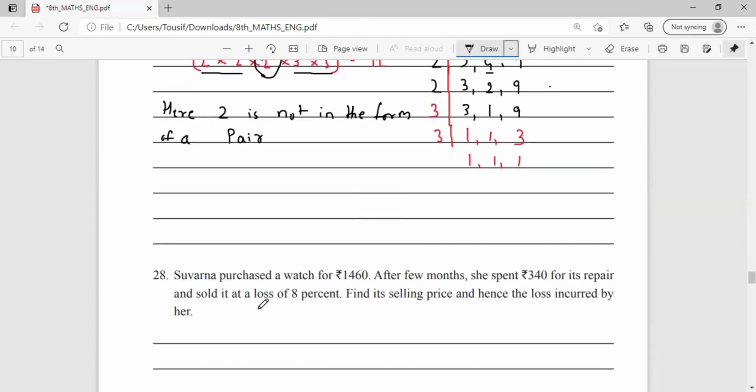Therefore, we will multiply 72 by 2 to get a perfect square. Okay, so let us multiply that.